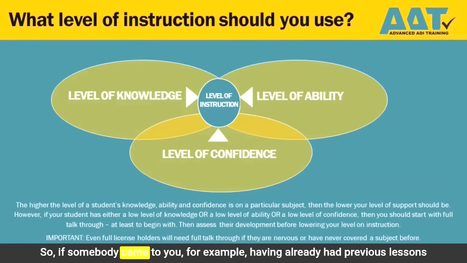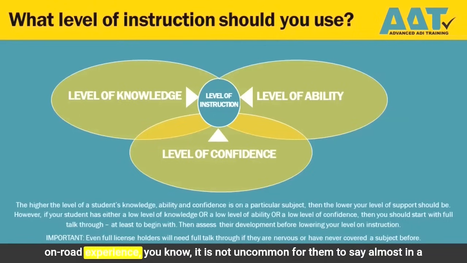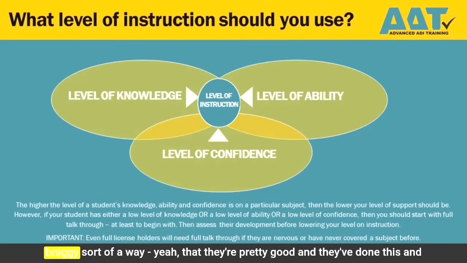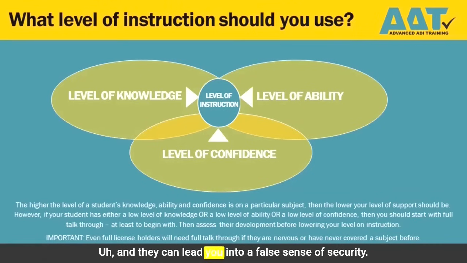So if somebody came to you, for example, having already had previous lessons with another driving instructor or with mum or dad, so they've had some on-road experience, it's not uncommon for them to say, almost in a braggy sort of a way, that they're pretty good and they've done this and they've done that and they know how to do this and they know how to do that. And they can lead you into a false sense of security.